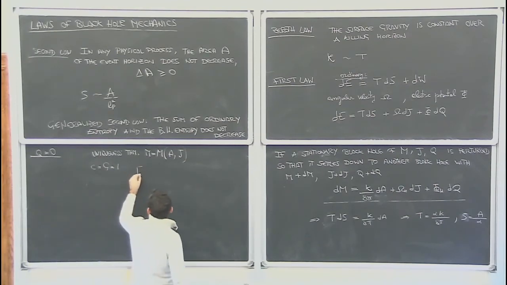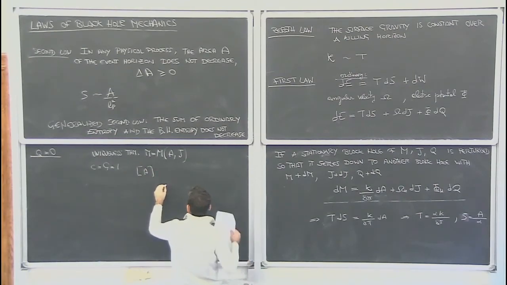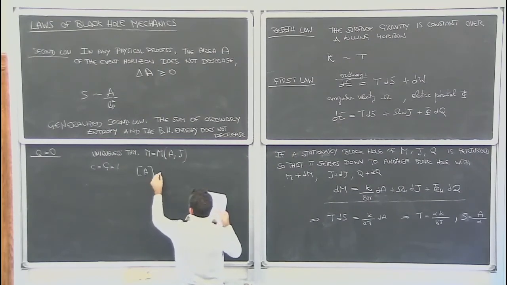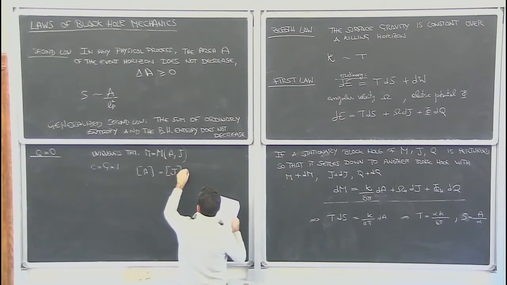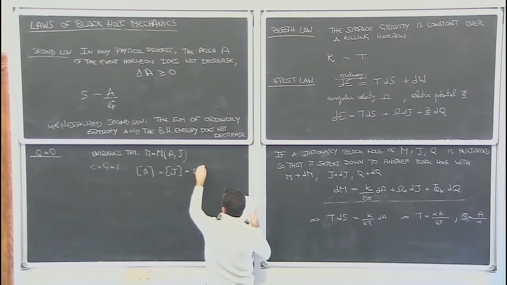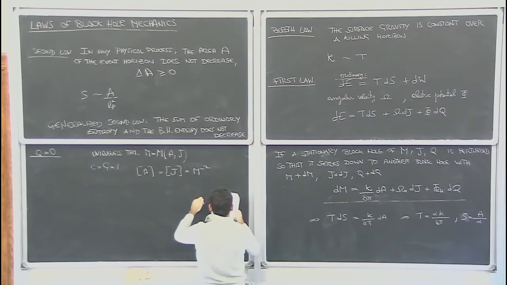So the dimension of the area and the dimension of J is, sorry, mass minus 2, I would say.